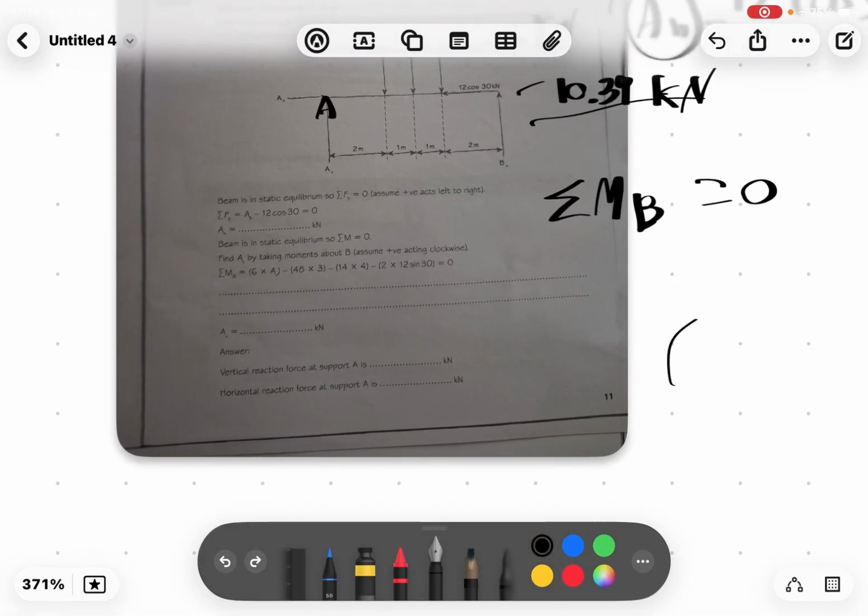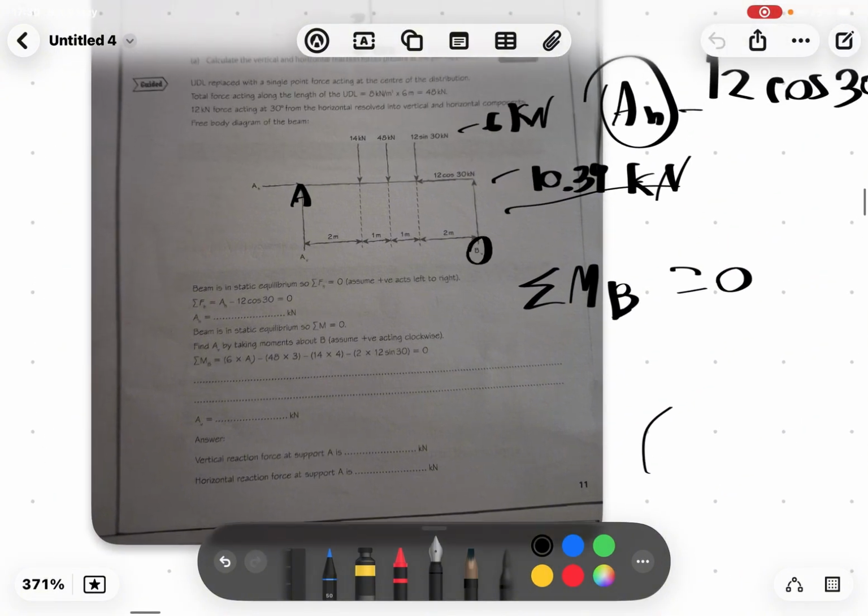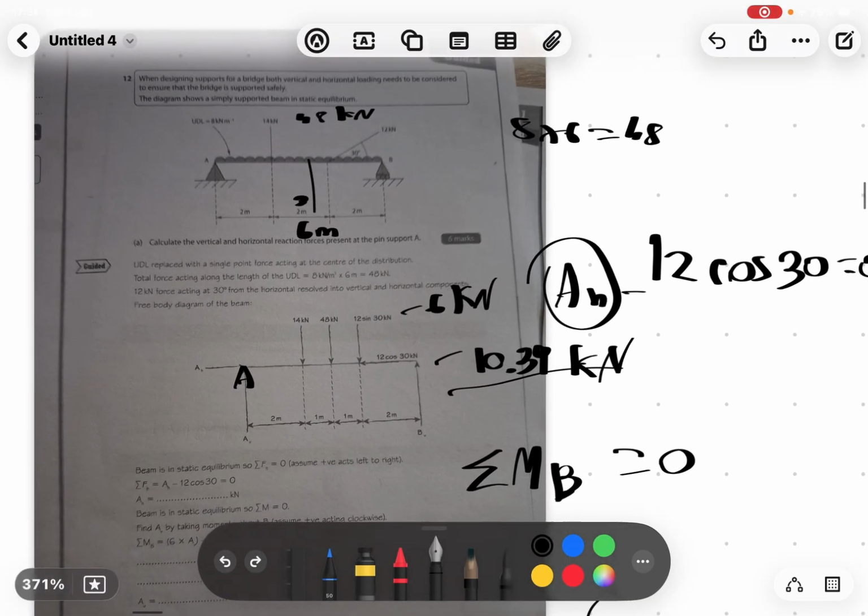I mean, we kind of already found it, but I'll just explain on the go. So this, and then this, 3, 6. So look, B is 3 meters away from this one that we found, upwards.